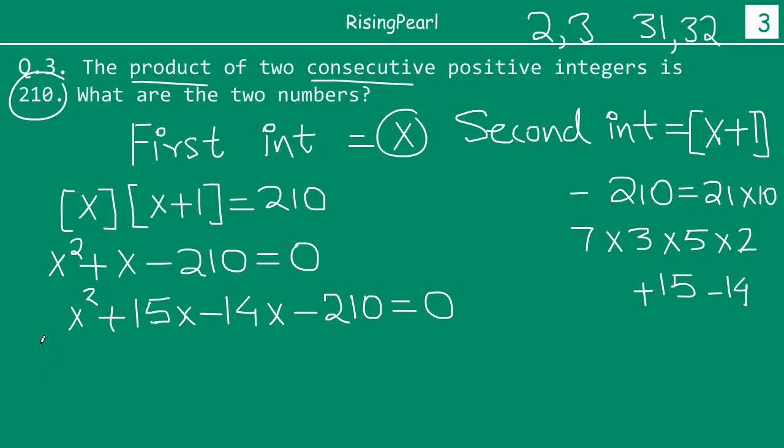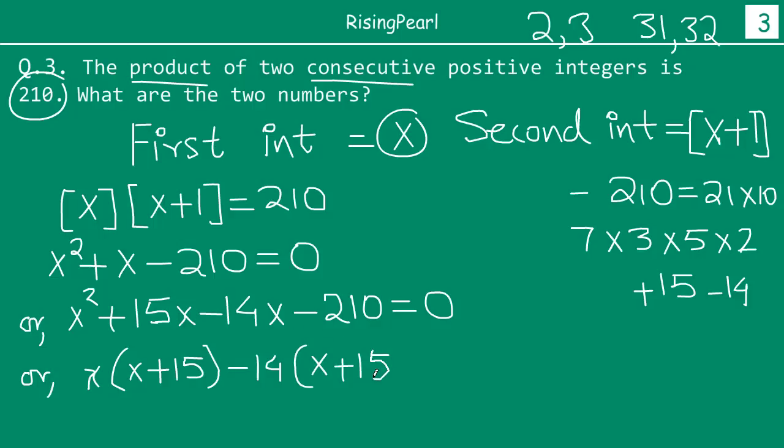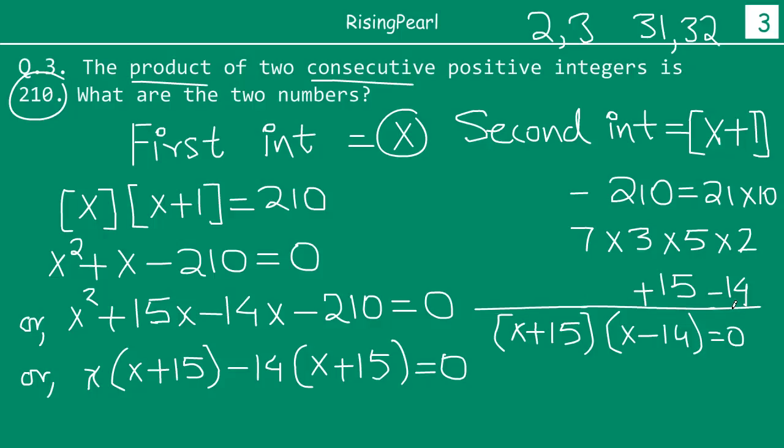This is equal to 0, or from here we take x common, so we get x plus 15, minus 14 common from these two terms. So x plus 15 equal to 0, or we get basically x plus 15 times x minus 14 equal to 0.